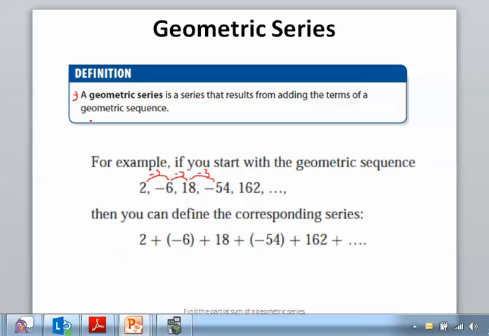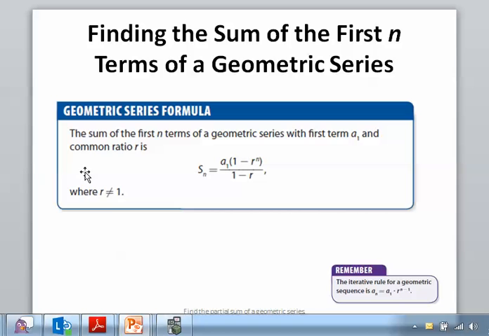A geometric series is a series that results from adding n terms together. If we're adding them together, just like in the arithmetic sequence, it would go on forever and ever. But if we only want a certain finite number of them, it's called a partial sum.